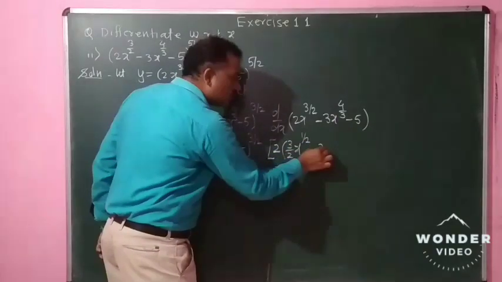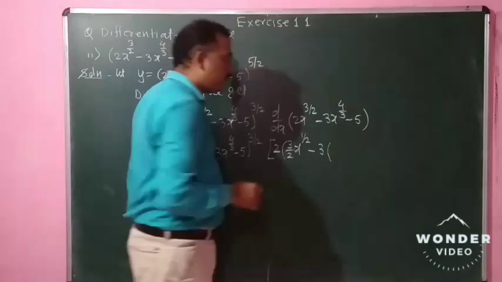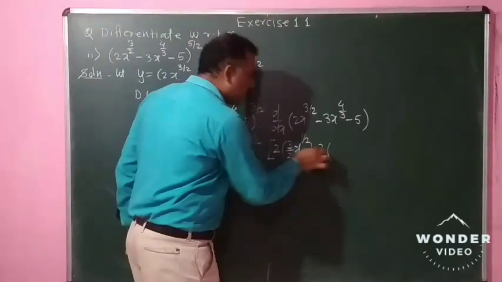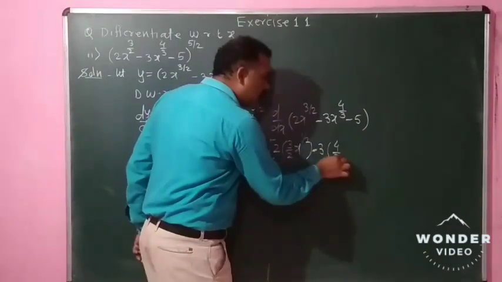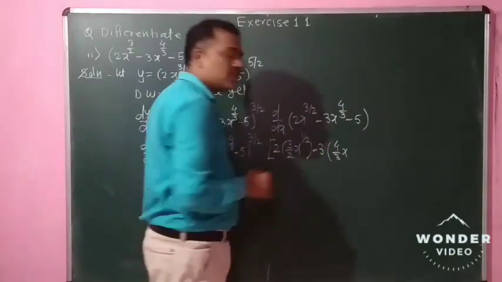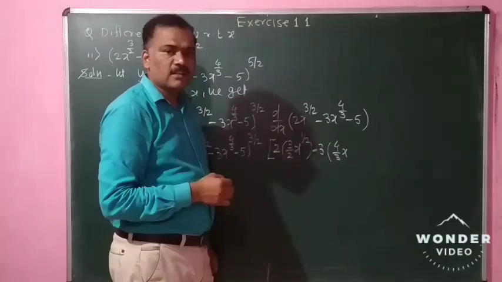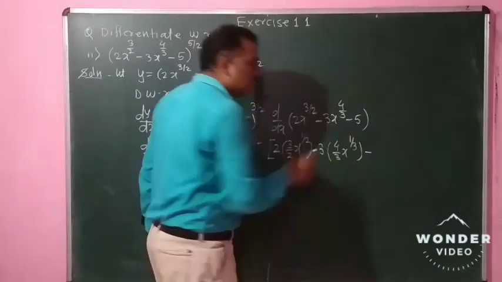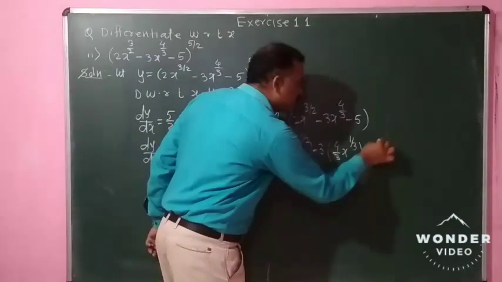Minus, here 3 is a constant, we take it outside. Now the derivative of x^(4/3): 4/3 is the power, we write it as it is, 4/3 into x raised to 4/3 minus 1, which is 1/3. Minus the derivative of 5. 5 is a constant, so its derivative is 0.